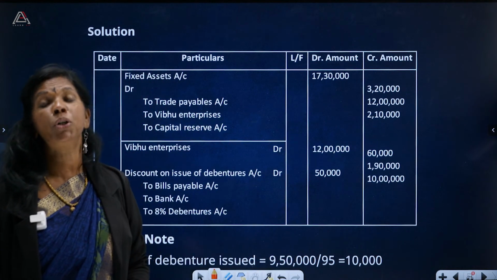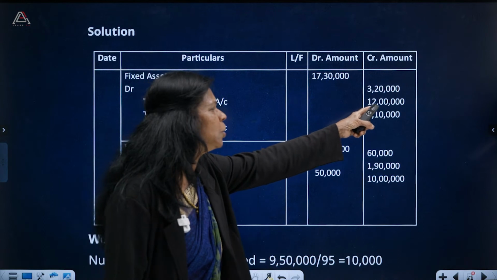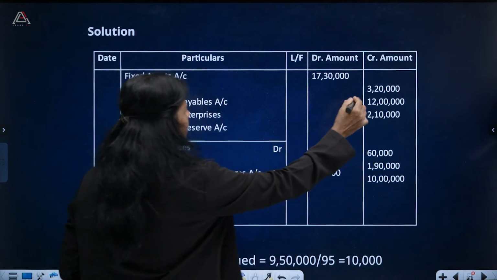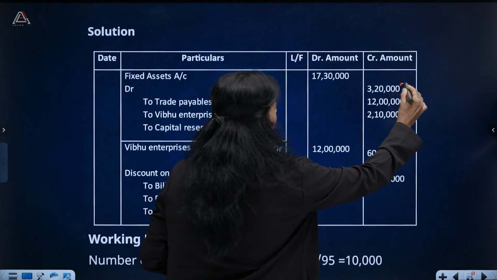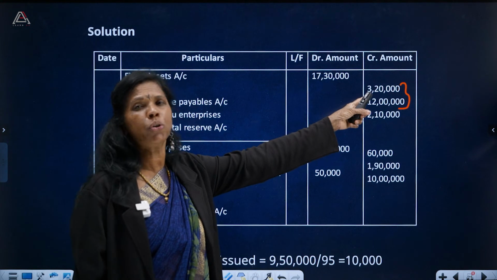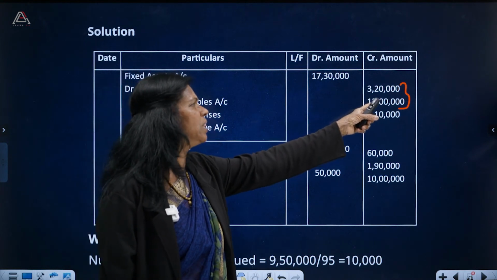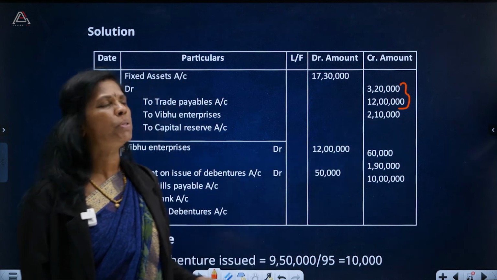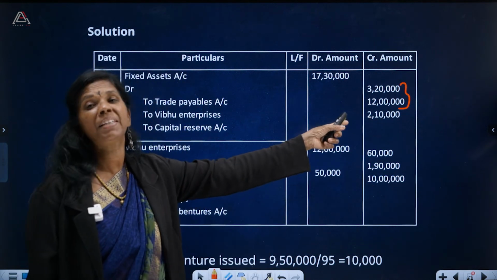Total sum payable to Vibhu Enterprises, how much? 12 lakh. Then the difference between 17,30,000 and these two amounts, 12 lakh plus 3 lakh 20,000, that is 15 lakh 20,000, minus 17 lakh 30,000. That difference we have to transfer to capital reserve.